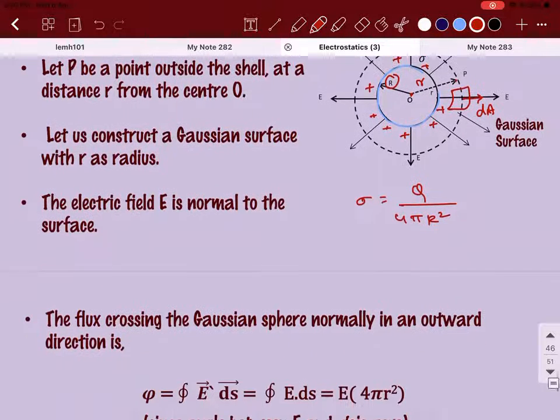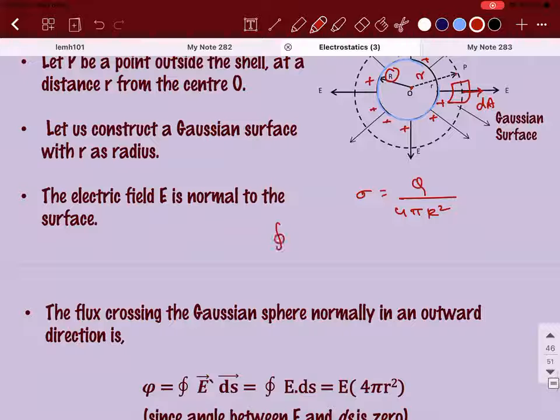Now, what are we supposed to do? Surface integral of E vector dot dA vector, or I can write E dA cos 0 degrees. Accepted? Because the electric field is radially outward and the area vector is also radially outward, so the angle between them is 0.